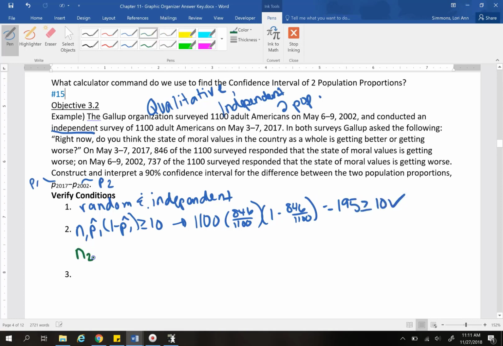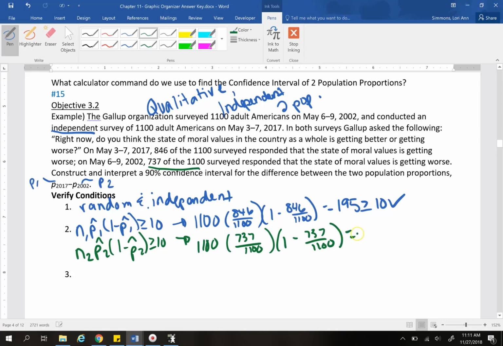And then we take this for the second population to see if it's normally distributed. So 2002 data. Again, 1,100 is our sample size. When you do that on your calculator, you should get about 243. That's greater than or equal to 10.